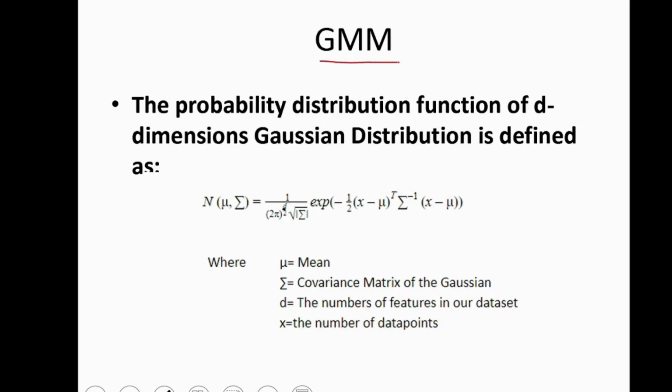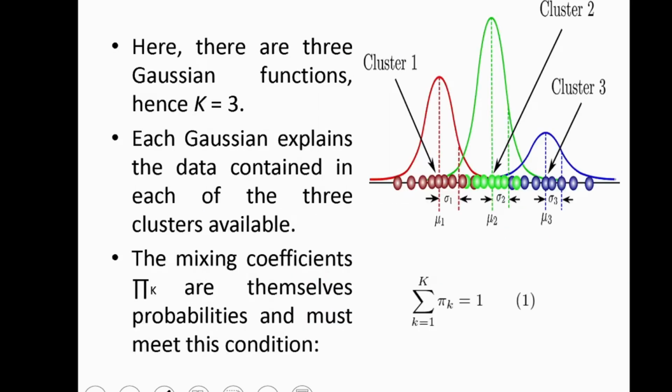In the Gaussian mixture model, the equation that we saw previously corresponds to one Gaussian curve. Now if we have a Gaussian mixture model, we have several Gaussians and each of them forms a cluster like this. All the blue points belong to the blue cluster, the green points belong to the green cluster, and so on.